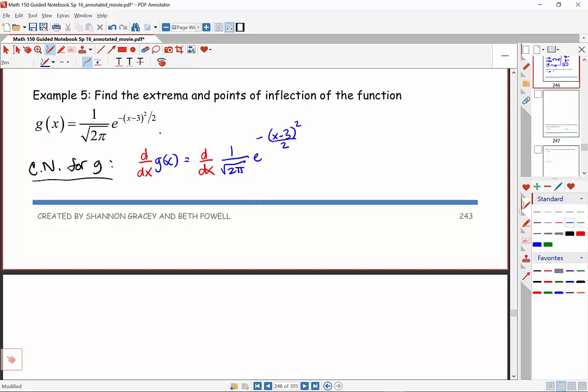So on the left side, we're going to get g prime of x. On the right side, we can factor out the 1 over square root of 2 pi. You rewrite this exponential exactly as it was.